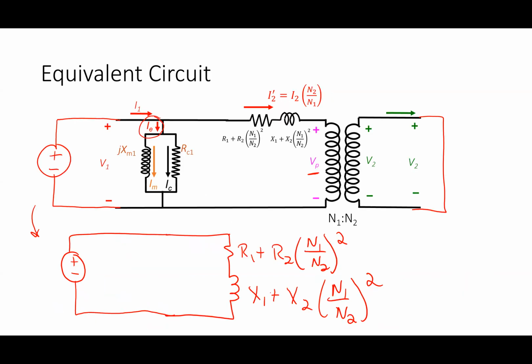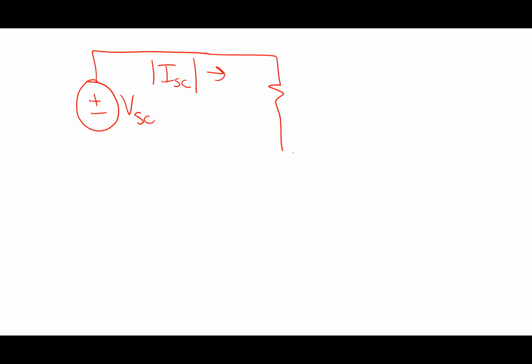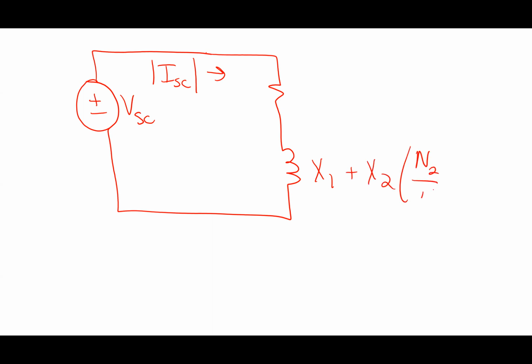I know the magnitude of I short circuit, and I have this resistor and this here. So this is X1 plus X2 times N1 over N2 reflected, and this is R1 plus R2 times N1 over N2 reflected.